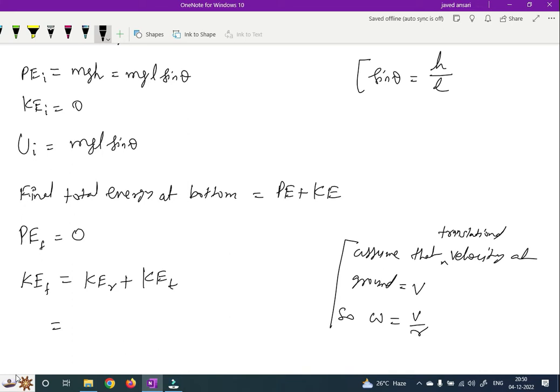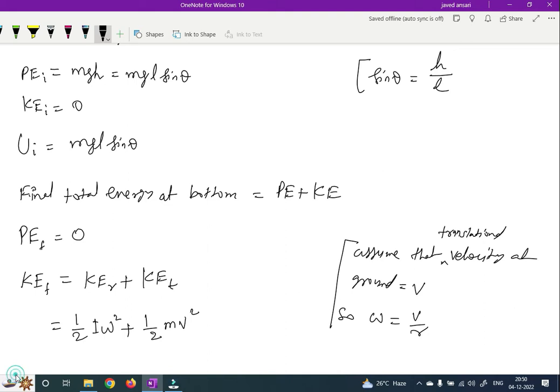Now let's see. The rotational kinetic energy, KER, will be half I omega square, plus the translational kinetic energy, half mv square.